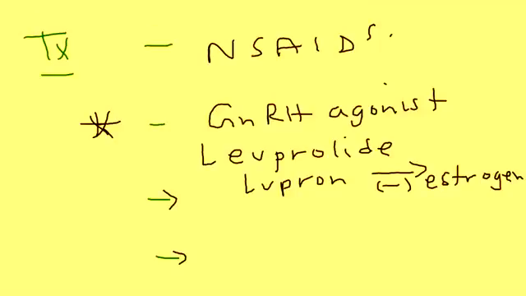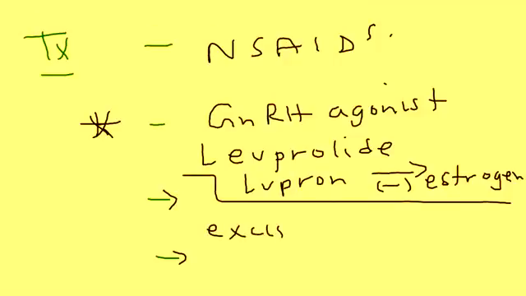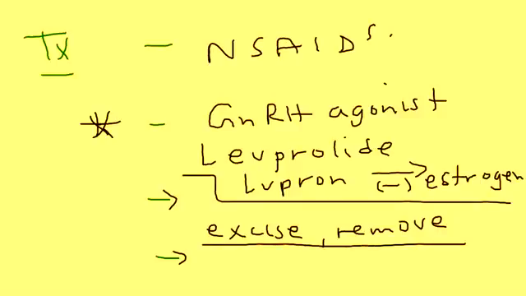Now, the next part of the treatment is that you need to excise or remove those lesions. This can be done in a variety of ways. It can be done with a laser, or you can just excise them. This option is done if you want to preserve fertility, meaning the woman still wants to have children.